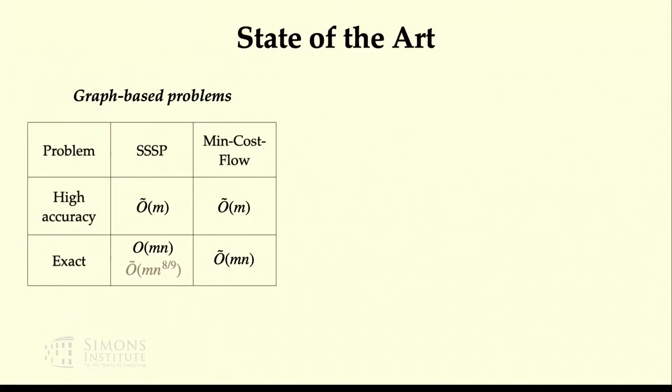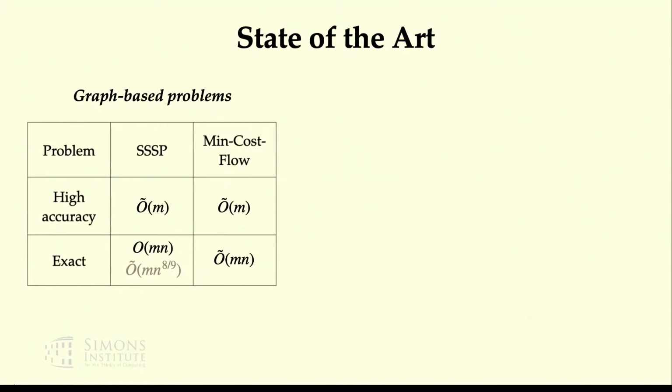However, if you want to solve it exactly, meaning in strongly polynomial time, then single source shortest path is Bellman-Ford, order mn since the 50s, and min cost flow is a result by Orlin from the 90s that you can solve it in mn.